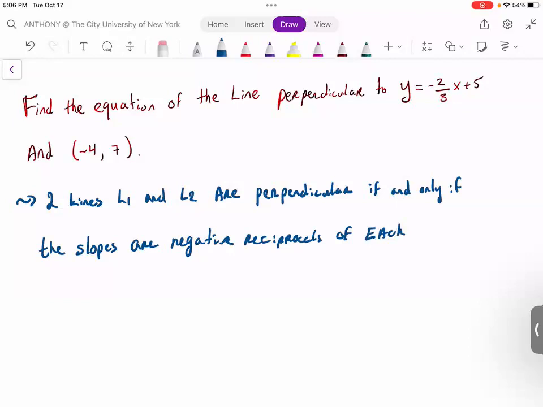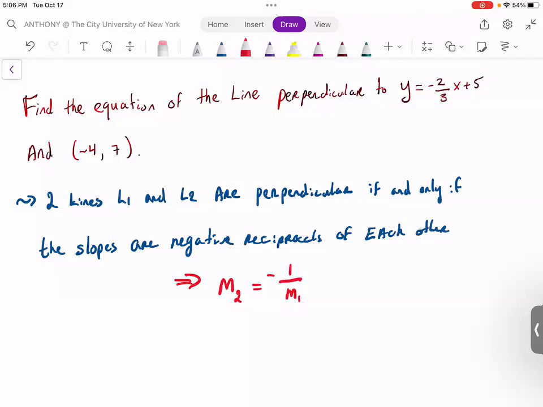So mathematically, that translates to: if I know the slope of line 1 is m1, and I'm trying to find m2, then m2 is the flip of m1, but we say the negative flip or negative reciprocal.